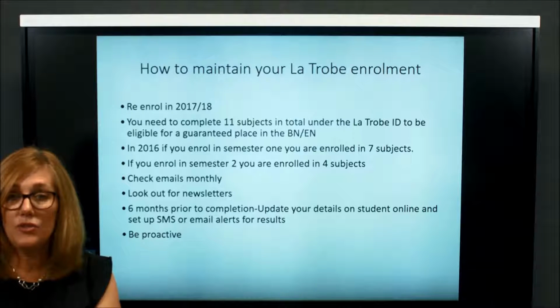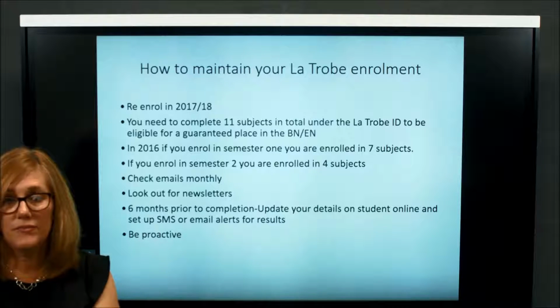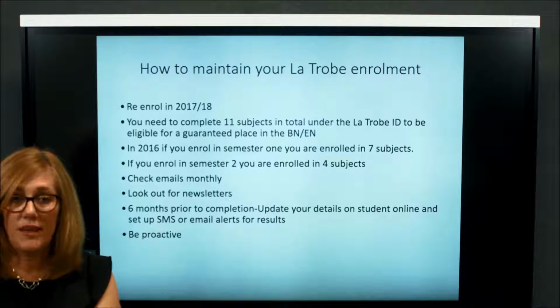This way you can track how many of your 11 subjects you have completed. You're also welcome to email us and keep in contact to maintain your enrolment. Your course coordinator at TAFE, as well as myself or staff at La Trobe, can assist. Be proactive.